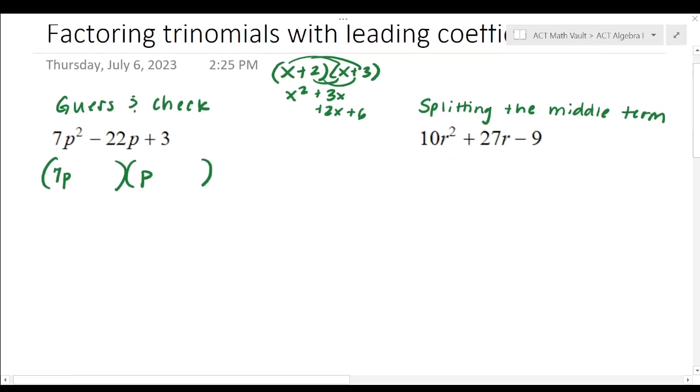The reason why I thought we would try guess and check on this is there aren't that many of them. The one thing you really have to make sure of, though, is that you try, okay, we got plus 1, plus 3. But then we need plus 3, plus 1, and hey, I have to get a negative 22 in the middle somehow. Meaning like, right here, the two numbers have to eventually add to negative 22 while the 7 is thrown in the mix.